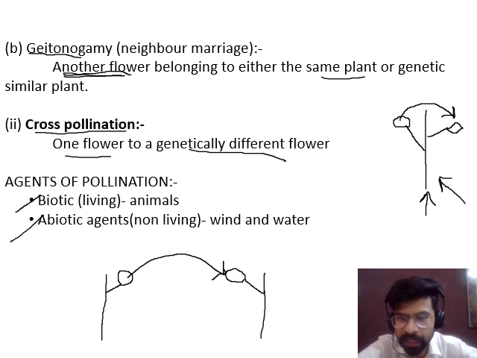In the environment, insects are biotic agents. If an insect sits on one flower and then flies to another flower, it helps transfer the pollen grain. This is a mechanism in which a biotic agent is used. But when air or water helps in the transfer of pollen grain, it is an abiotic agent.